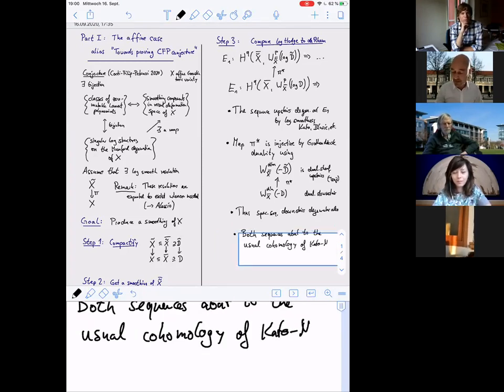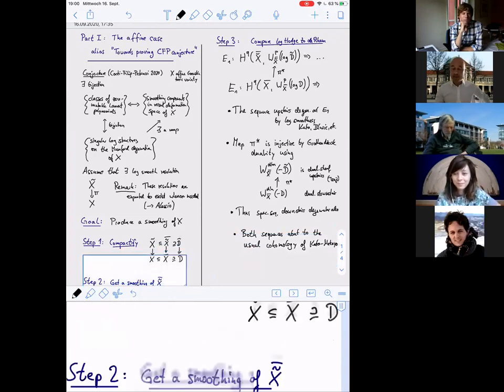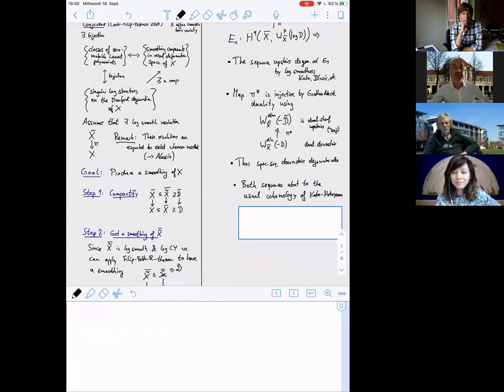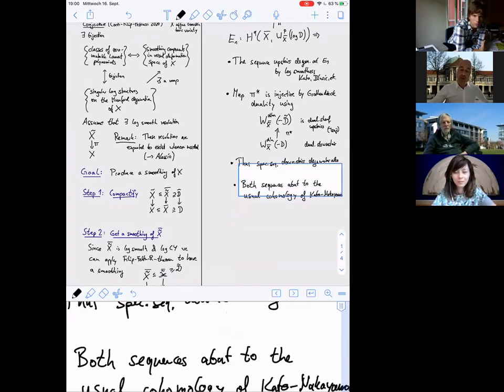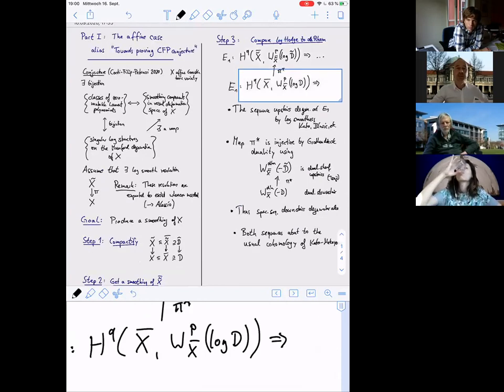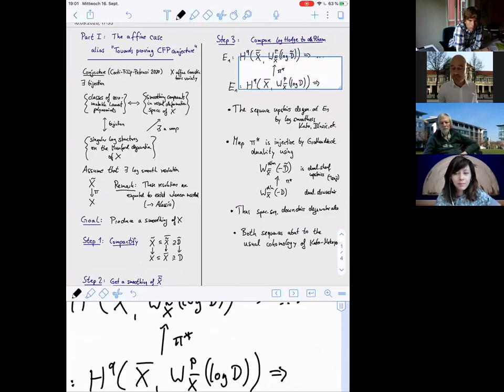So remember in the morning I told you about the Kato-Nakayama space, and we studied it in the baby example and said that the log smooth resolutions we're looking at induce a homotopy equivalence on the Kato-Nakayama space. In particular, you have an isomorphism of the ordinary cohomology of the Kato-Nakayama space. Now, because both spectral sequences abut to exactly that cohomology, which is a topological model for the nearby fiber in a smoothing, if you had a smoothing, because it's an isomorphism on the abutment, you find that it's actually an isomorphism. So that gives you an isomorphism.